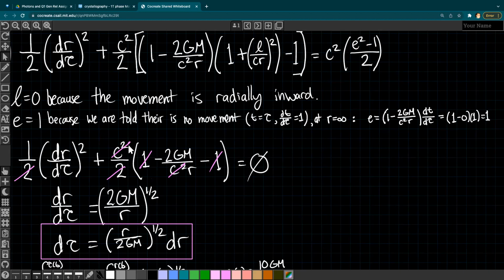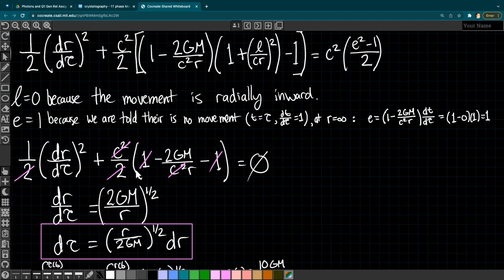When L equals 0, we have 1 minus 2GM over c squared r, times 1 plus 0, which is just 1, minus 1. So we just have 1 minus 2GM over c squared r, and then we subtract 1, because we have a minus 1 outside of the brackets.